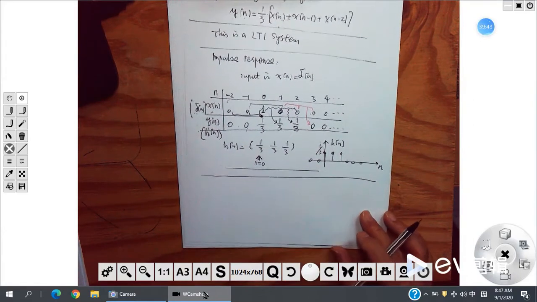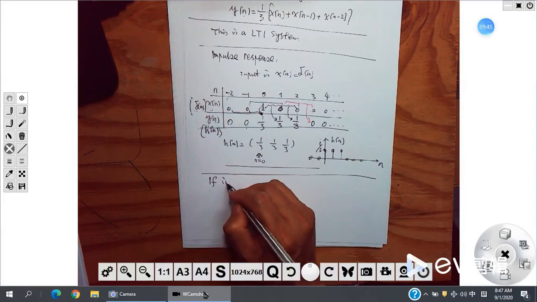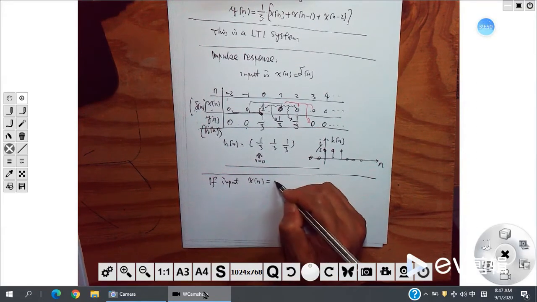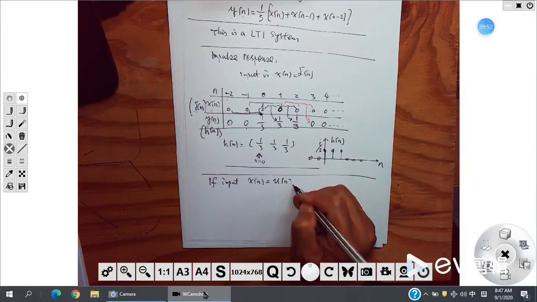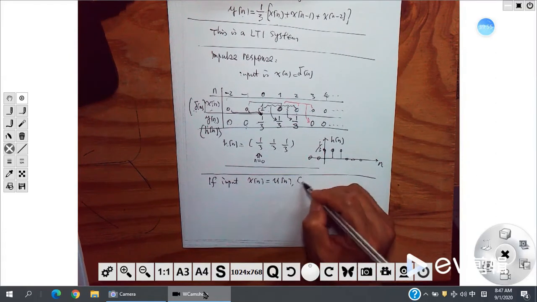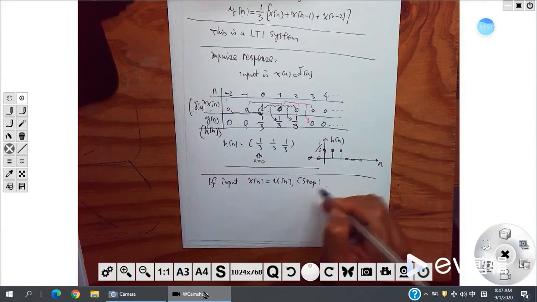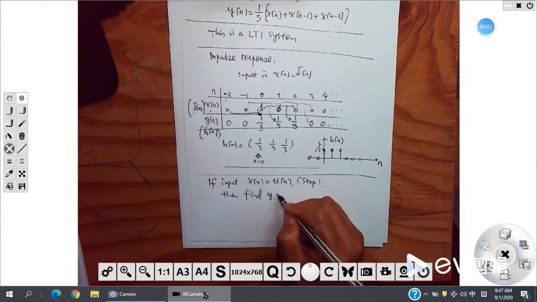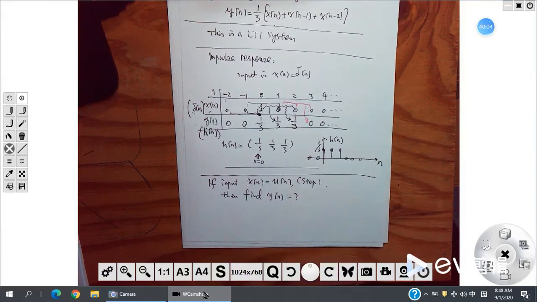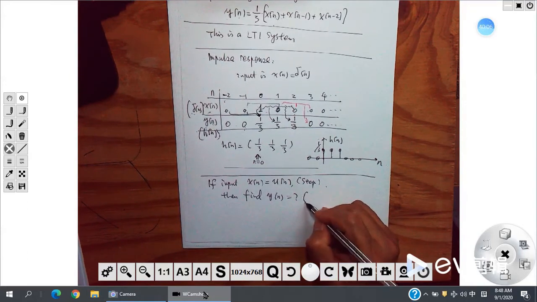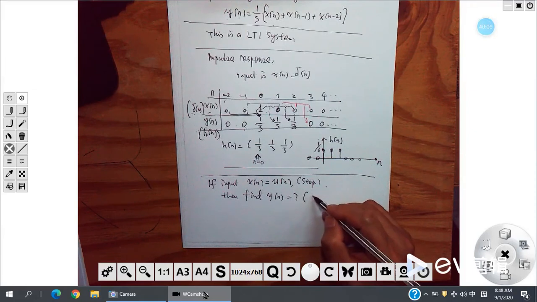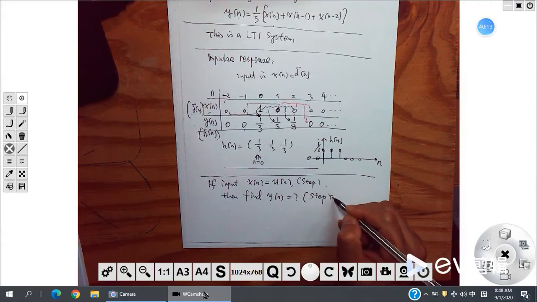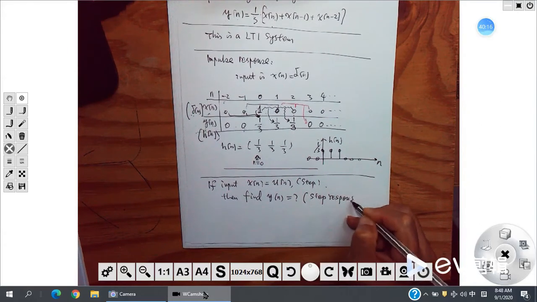Now we consider the input x of n. For example, we use u of n as input. This is a unit step. Then find the output y of n. Actually, we also have a name for this: the step response.